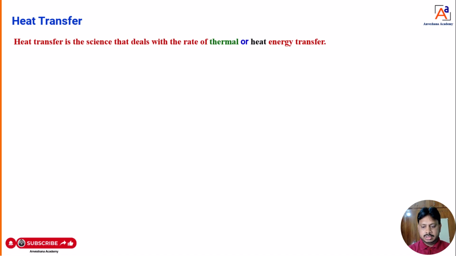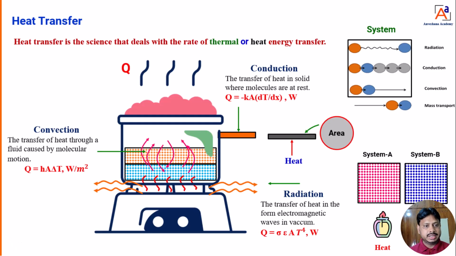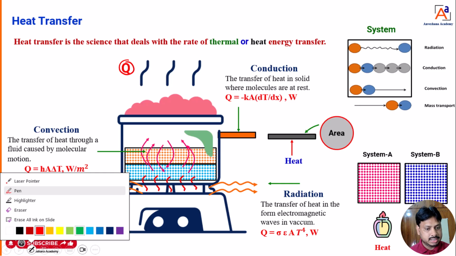Okay, fine. Now what is heat transfer? We understood now. Heat transfer is a branch of science that deals with the rate of thermal or heat energy getting transferred. That's fine. How is that heat going to transfer? Yes, dear students, there are 3 ways, or we can say 3 modes.